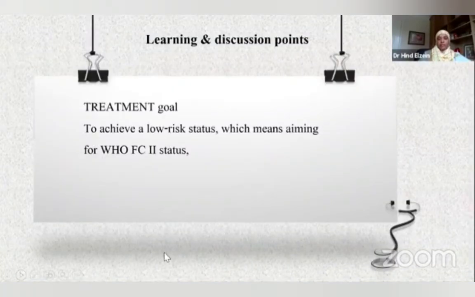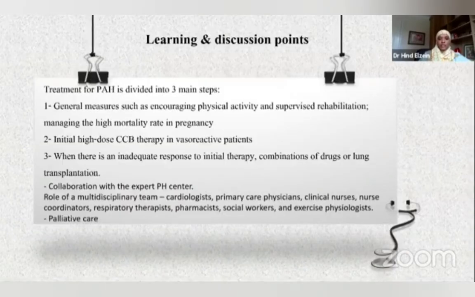And briefly, with regard to the treatment of pulmonary hypertension, the aim is to achieve the low risk status, which means that we aim for WHO functional class 2. The less symptom is the better. That's the aim of the treatment. Generally, the treatment is divided into 3 main steps.